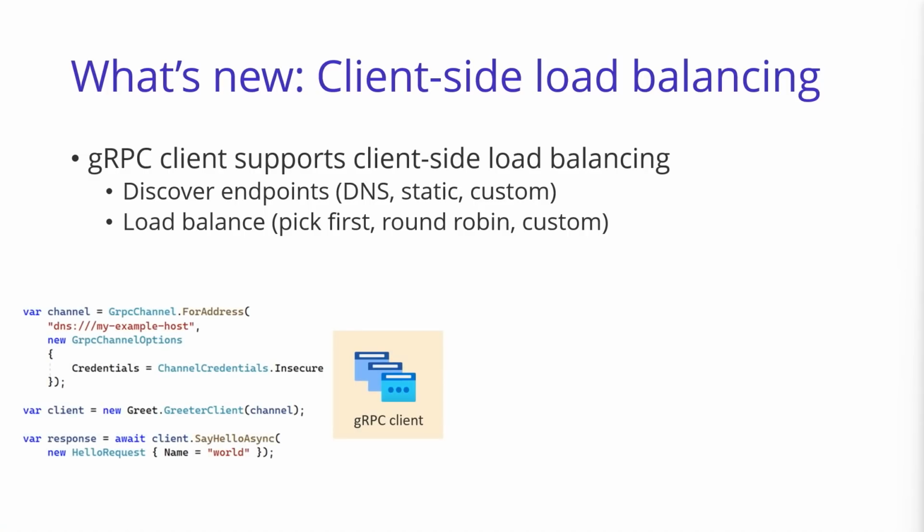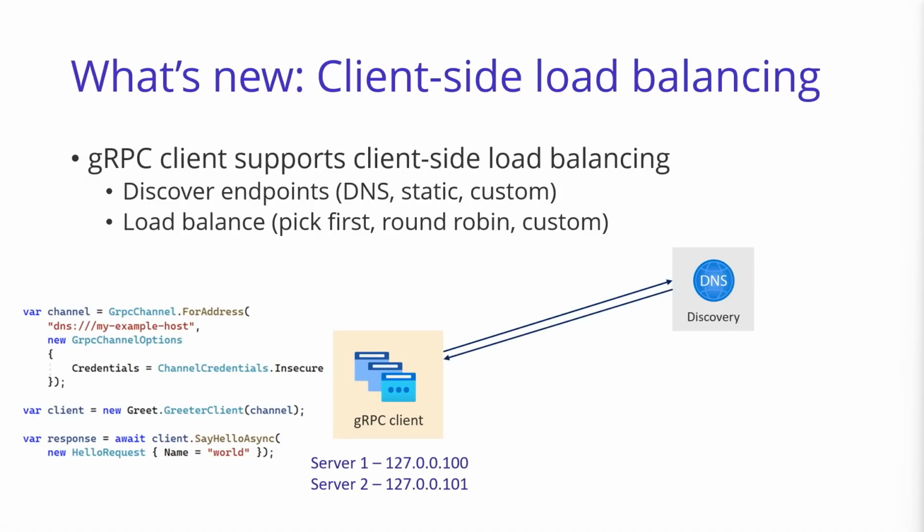So how does it work? Earlier, when we created a gRPC channel, we specified a single address. When you're doing client-side load balancing, instead of specifying a single server, you'll specify the address you want to discover endpoints from. So the gRPC client supports endpoint discovery. In this example, I've configured a DNS discovery service.